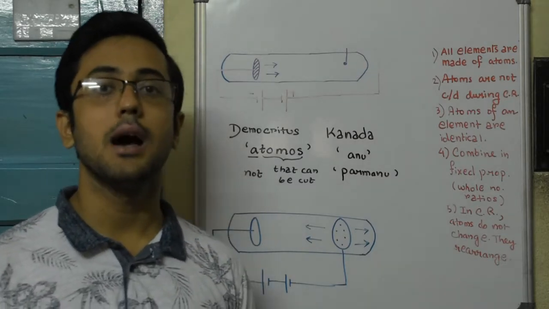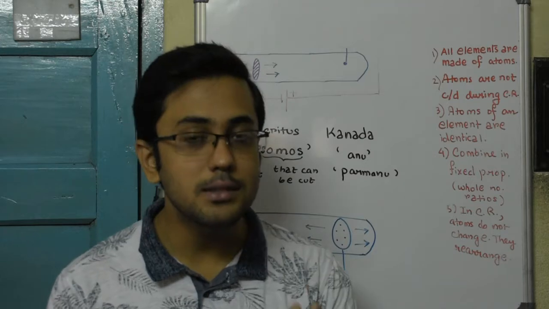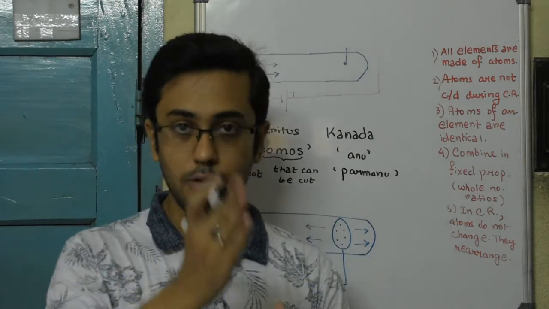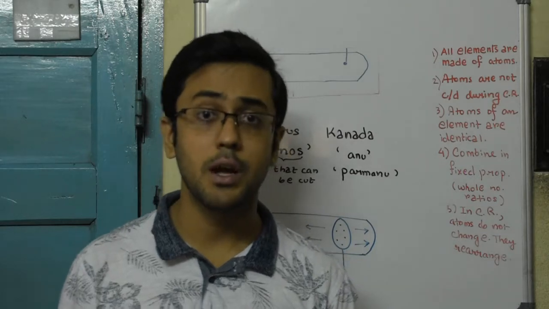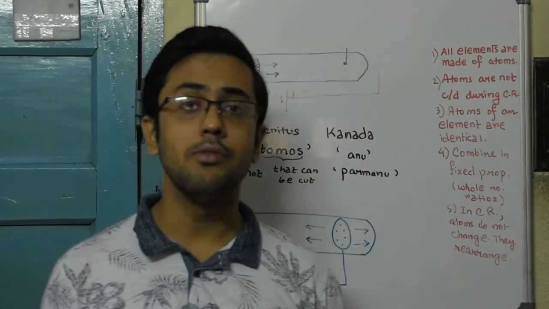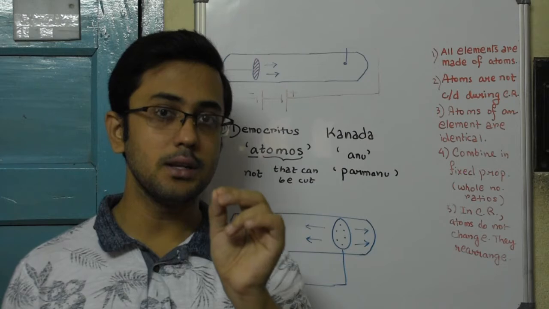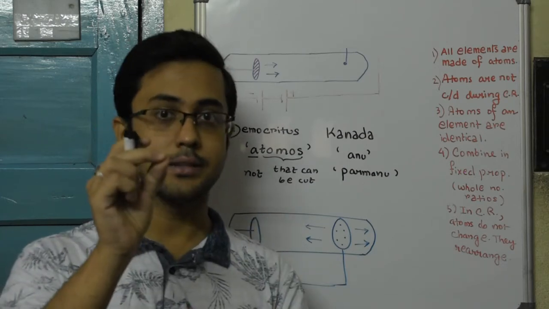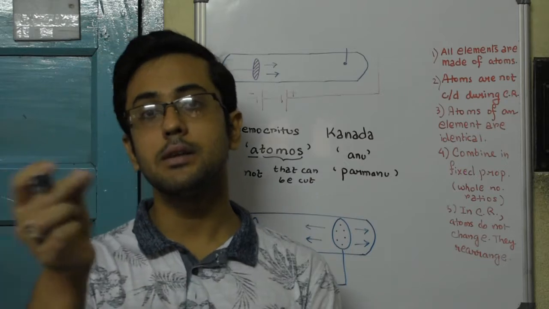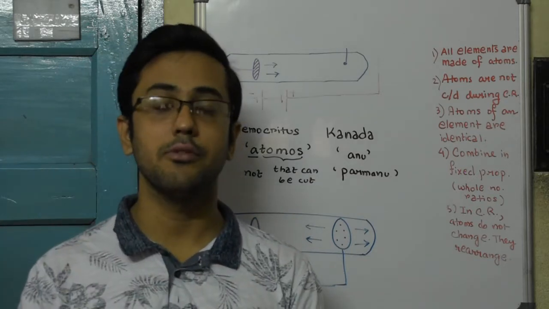So Democritus' idea was this: if you take a slice of bread and start slicing the bread with a very sharp knife, there will come a time when you will get the smallest slice, and that smallest slice will have a thickness similar to the thickness of the edge of that sharp knife.